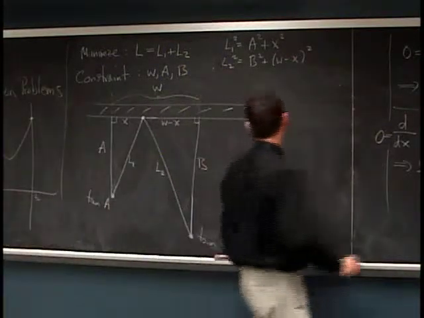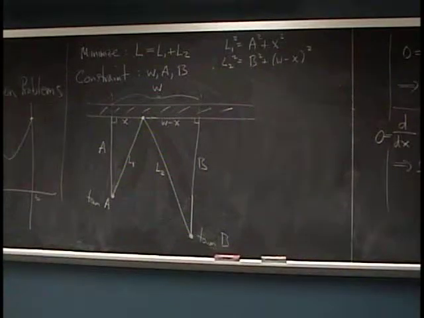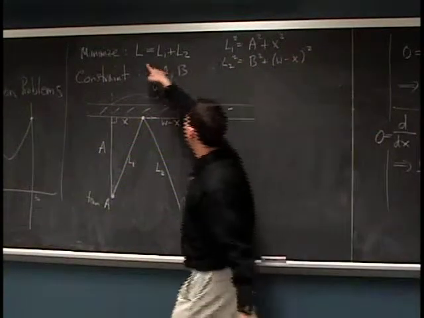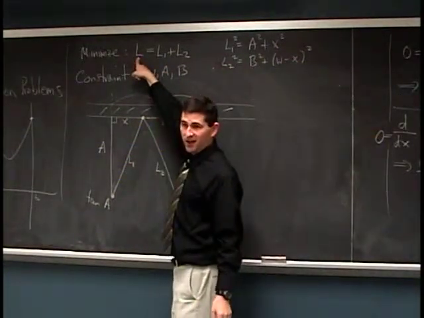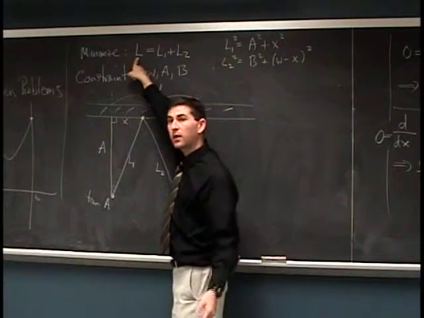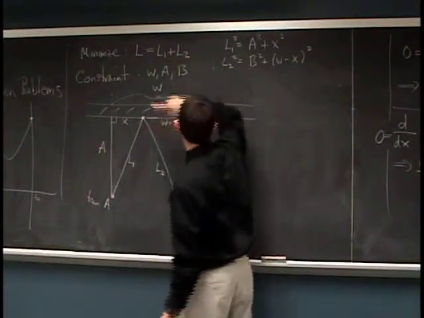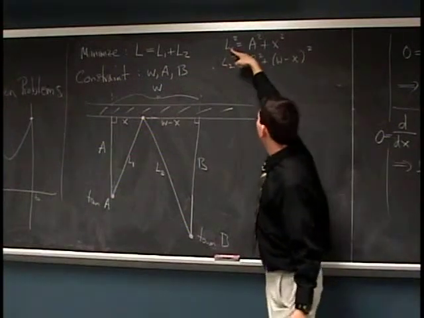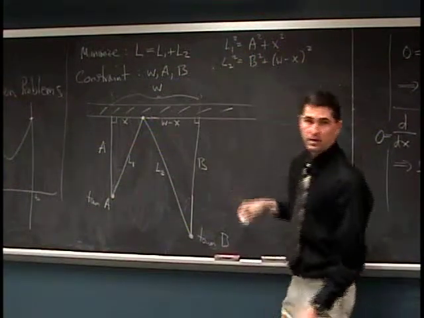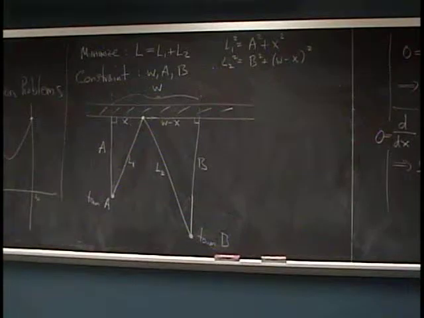I want to minimize L, which means take the derivative of L with respect to something. But L is L1 plus L2, and I need a couple of formulas that tell me something about L2.